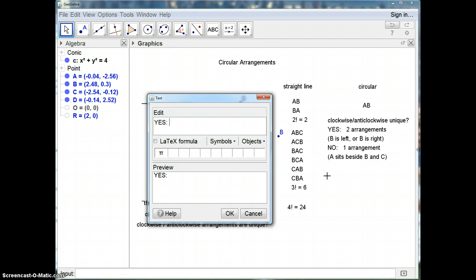So we have A across from D, and then we have B left, C right. That would be one possibility. A across from D, B right, C left. Actually, let's keep it all in order: C left, B right.